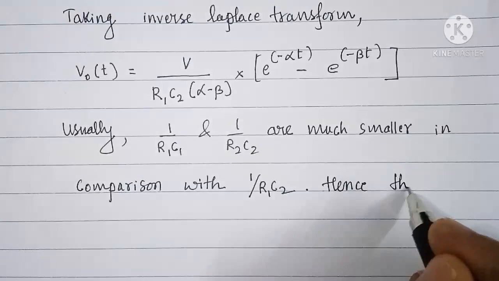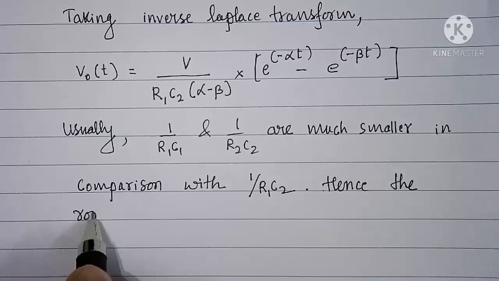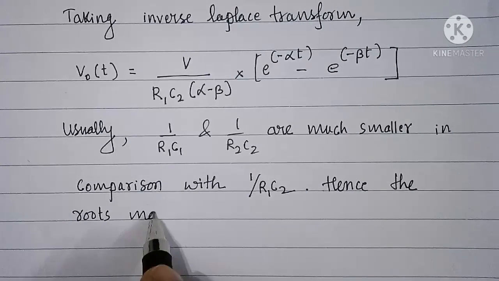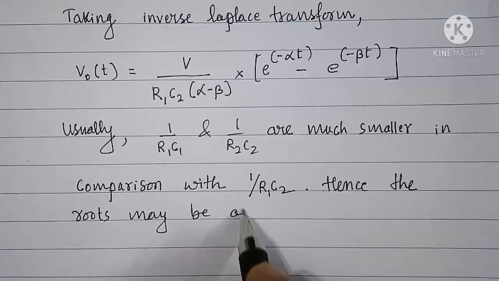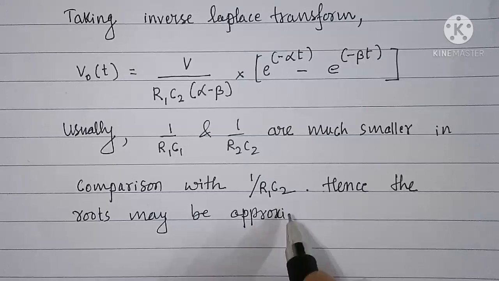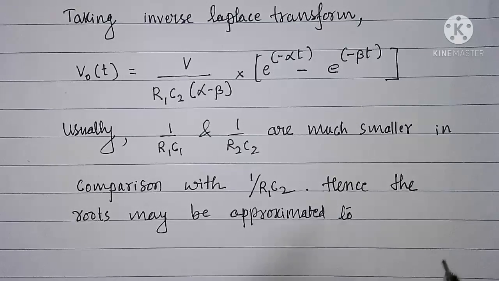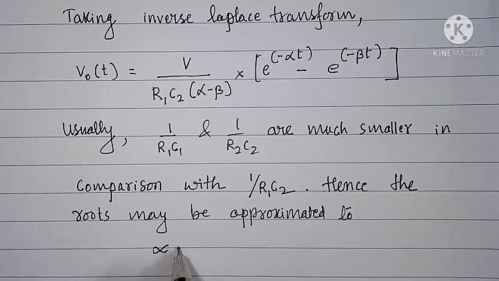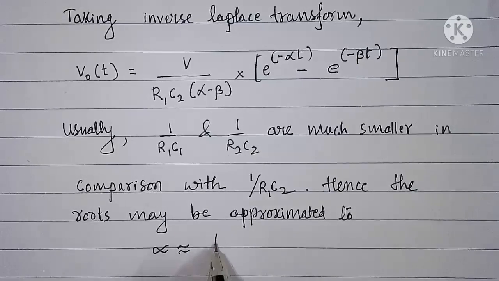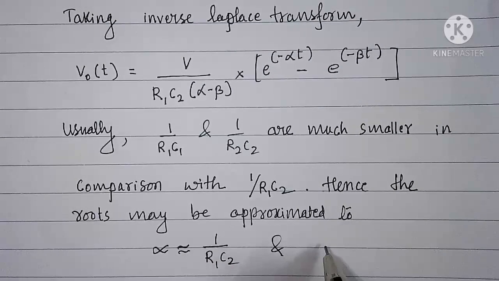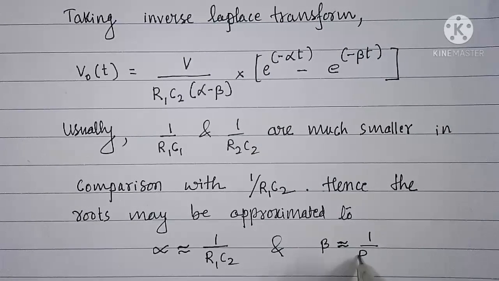Hence, the roots may be approximated to alpha as 1 by R1 C2 and beta as 1 by R2 C1.